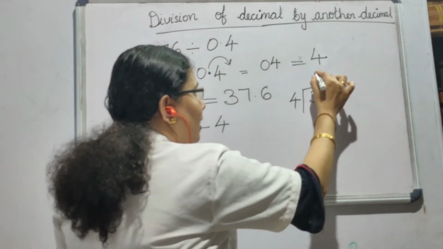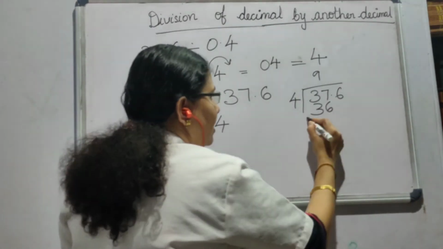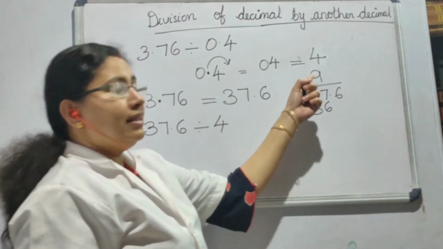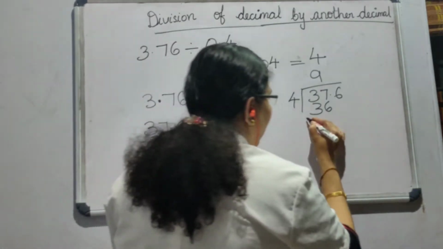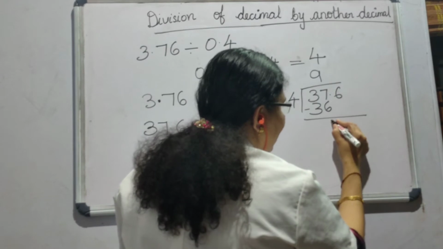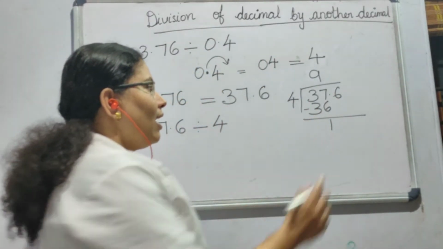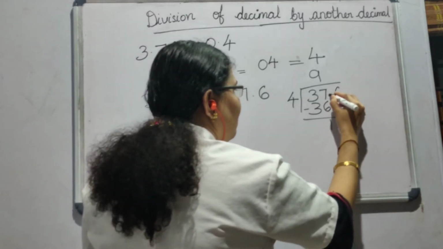We get 9, since 9 fours are 36. So we subtract: 7 minus 6 is 1, 3 minus 3 is 0. So 1, then the decimal point is here.